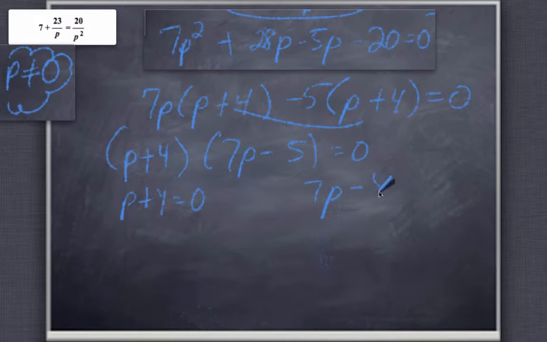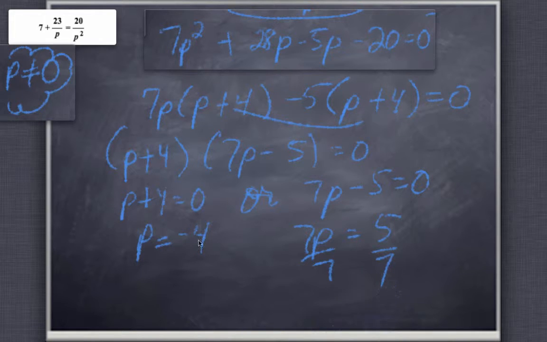Set them each equal to 0. Subtract 4. Add 5. So p is either negative 4 or it's 5/7.